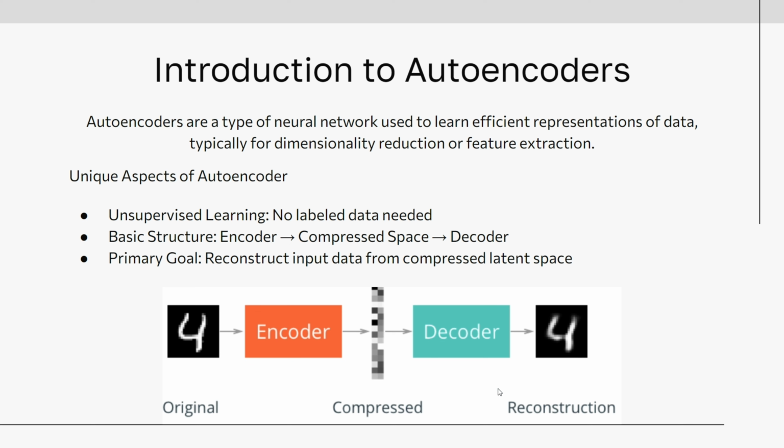Autoencoders are typically a type of neural network that are designed to learn an efficient representation of any given data. And these are typically used for dimensionality reduction or feature extraction techniques. So, what are some of the unique aspects of autoencoders that differentiate them from other neural network architectures or models?